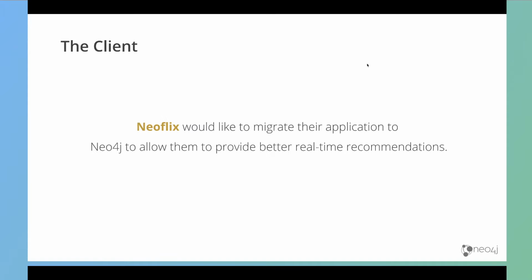The reason Neoflix are interested in Neo4j, the name is purely a coincidence, is that they'd like to migrate their application over to Neo4j from another provider to allow them to provide better real-time recommendations. One thing we'll do a little further on in the series is look at real-time recommendations and how we can improve what they have at the moment.